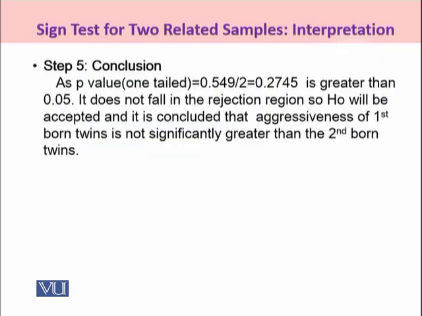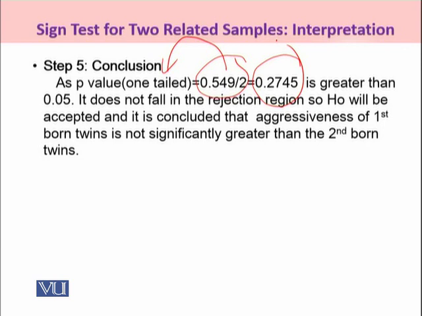Whenever SPSS gives a two-tailed p-value, because SPSS does not provide a one-tailed p-value directly, we have to divide that two-tailed p-value by 2 in order to get the one-tailed p-value. Dividing it by 2, we got 0.2745.